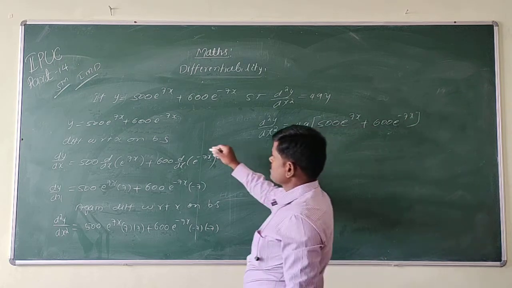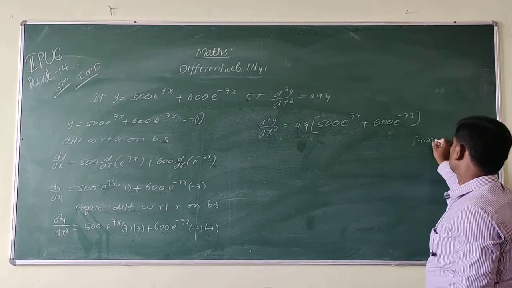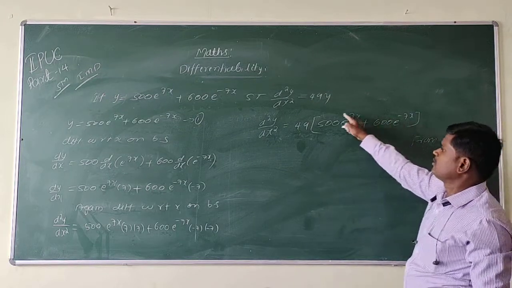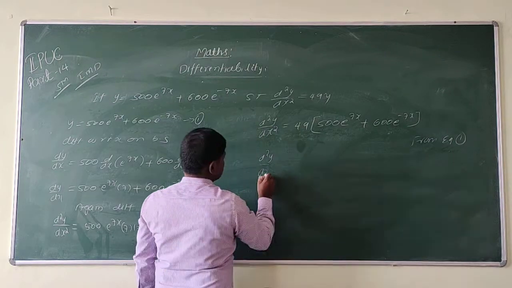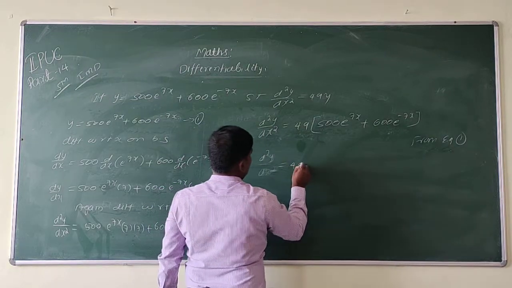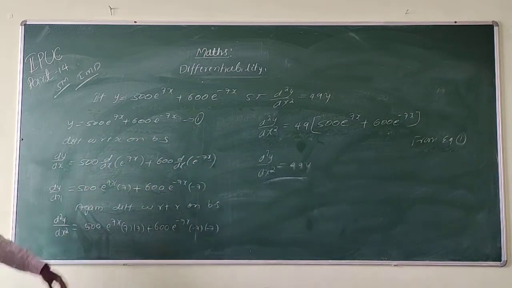Suppose it is taken as equation 1. From equation 1, this is the given y. Therefore, d square y by dx square equals 49 y. This is the given one, so this is the correct way.